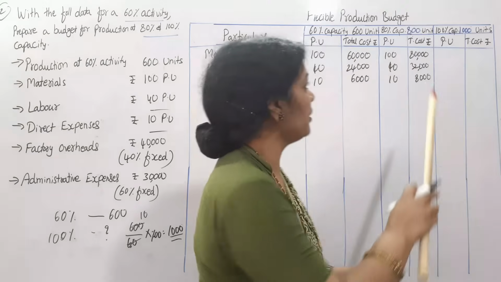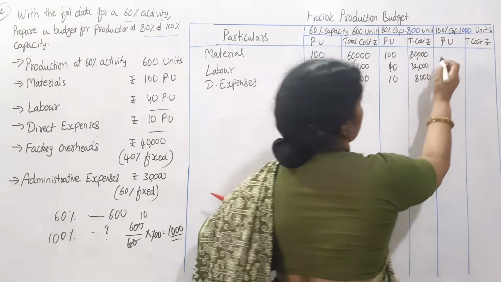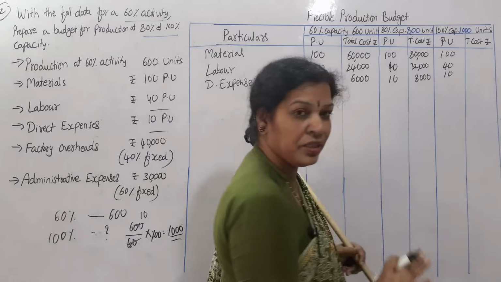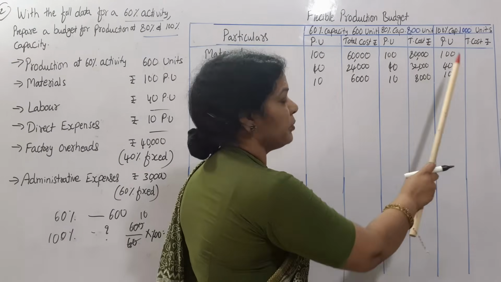In the same way, here also, per unit cost is same, 100, 40, 10. Whatever is given in the problem, same thing we are writing per unit.